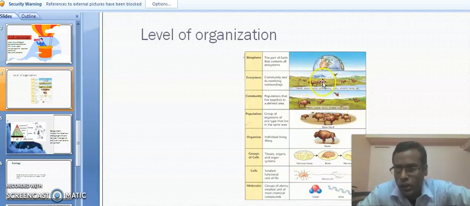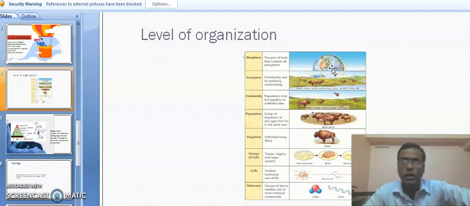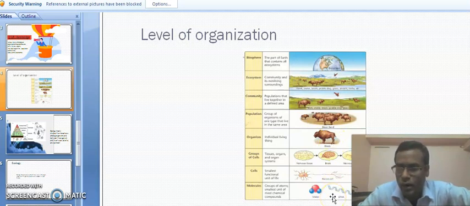When the community interacts with the abiotic and biotic things, that is called the ecosystem. When the whole thing is mixing, like air, water, and earth, it is called the biosphere.